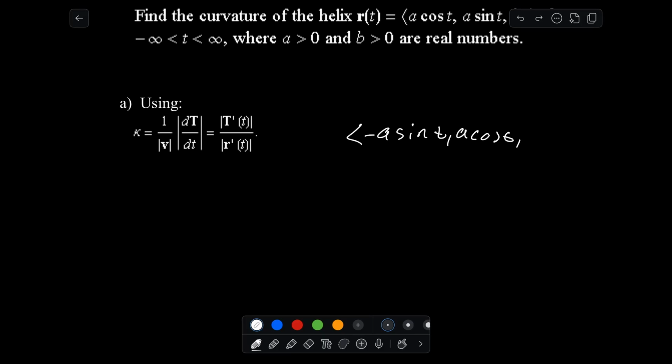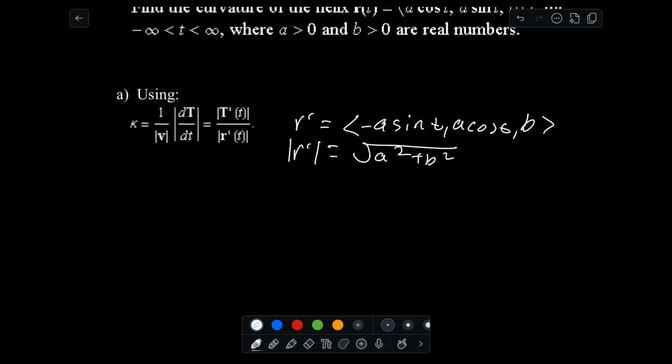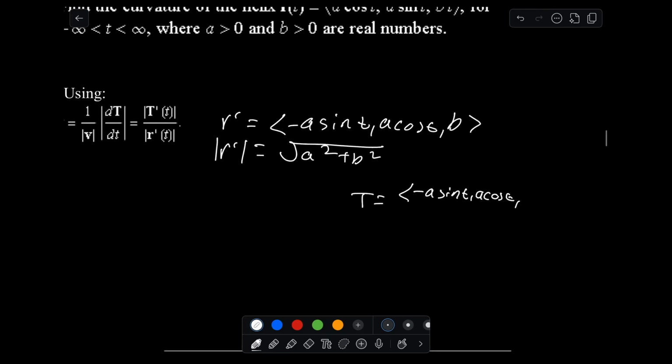Not 0, it's going to be B per, okay, and then we have T equal to, okay, and then we take the derivative of that.